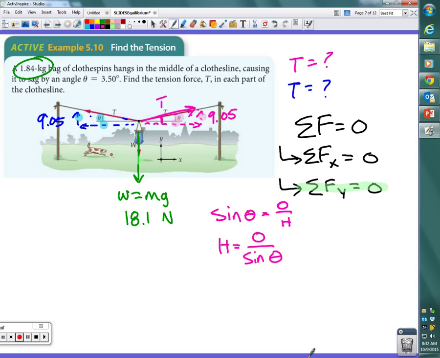Anybody? Well, I say that sounds better. Are you in radians today? Sine of 9.05 divided by sine of 3.5. Okay? 147.2, is that what it was?